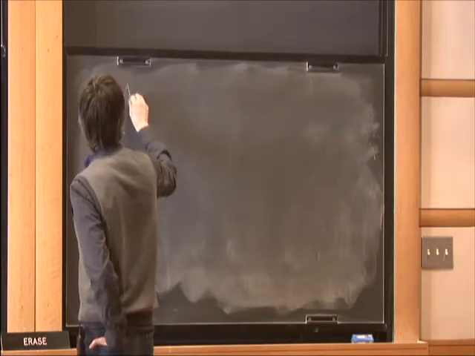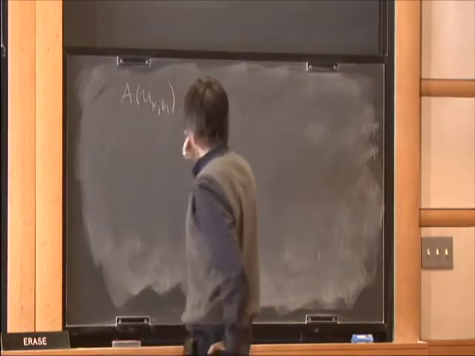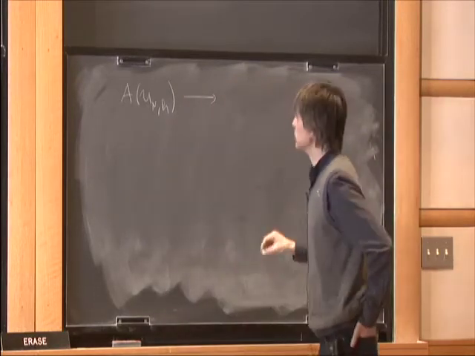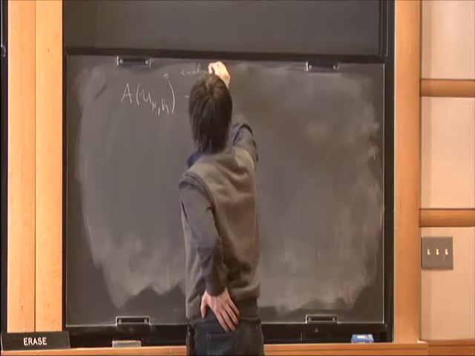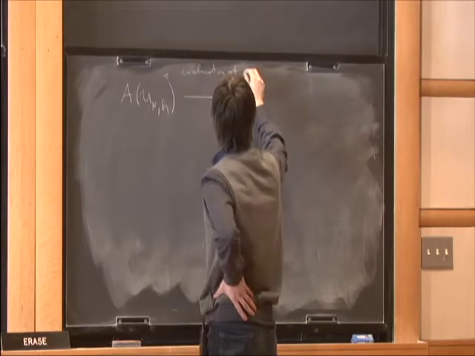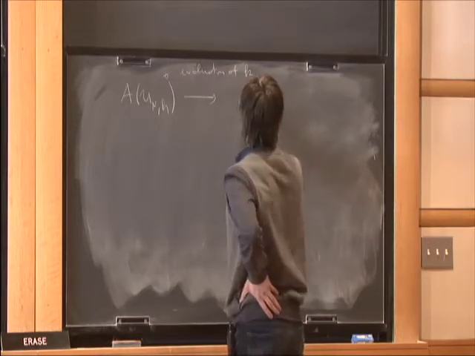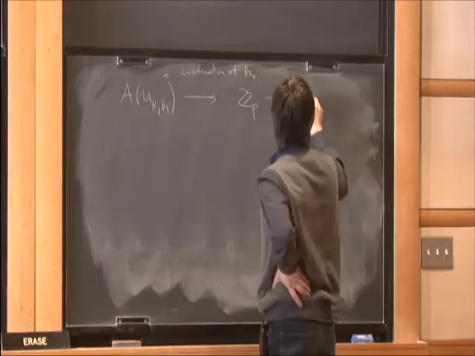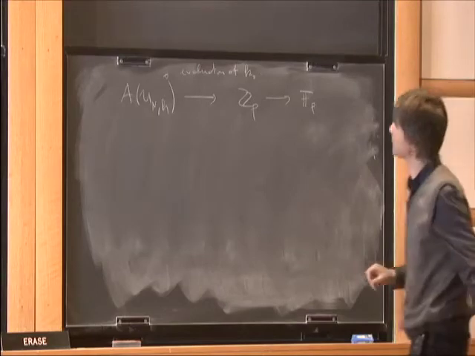Now you have the evaluation map, evaluation at k naught. You go to Z_p, and then you reduce modulo p, to F_p.